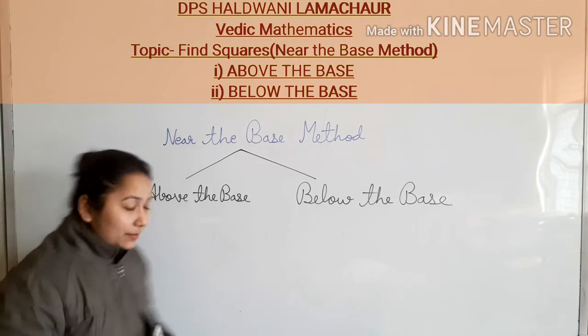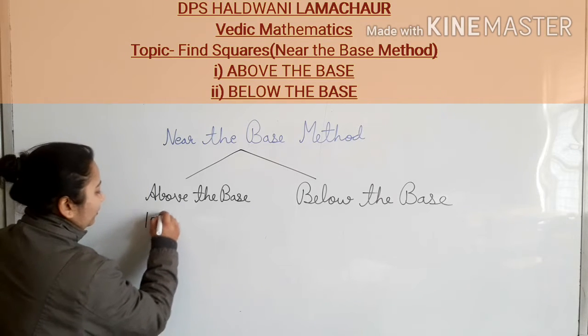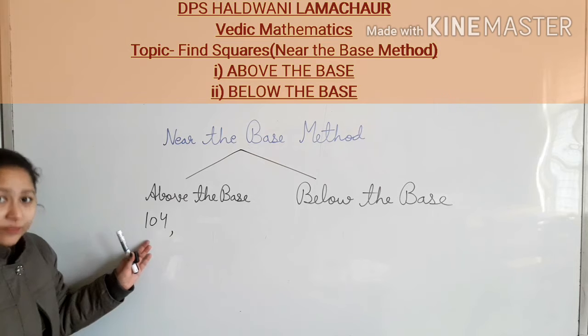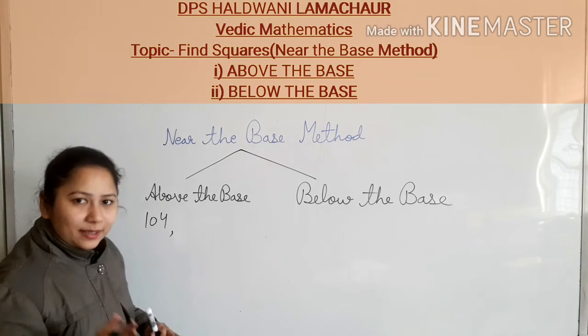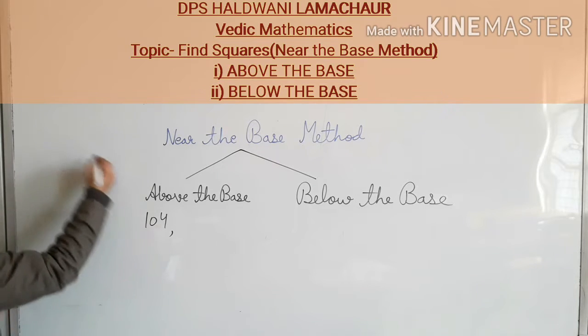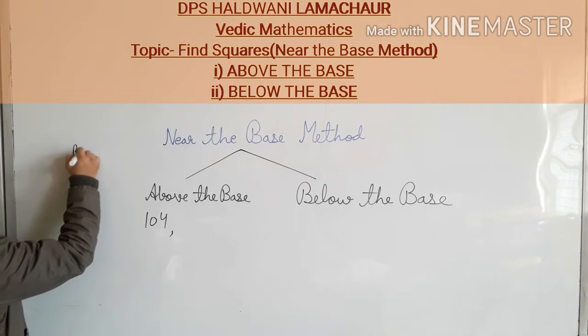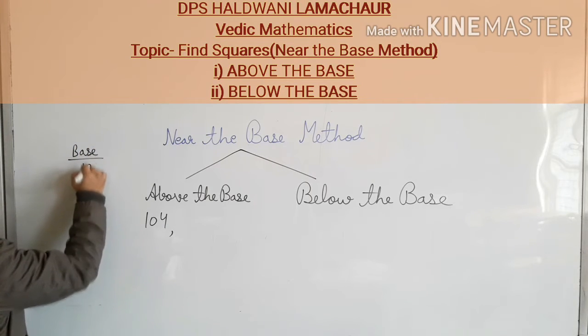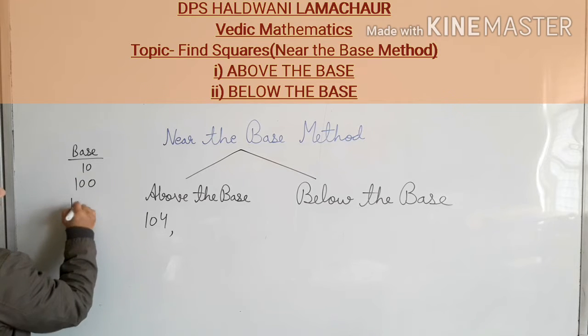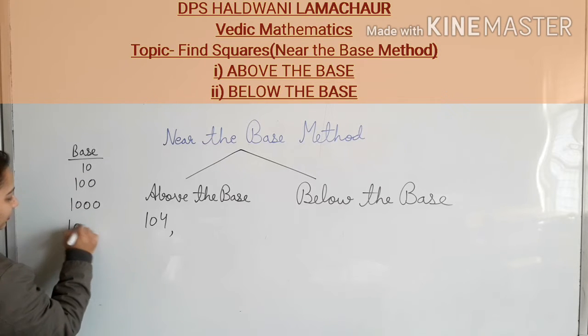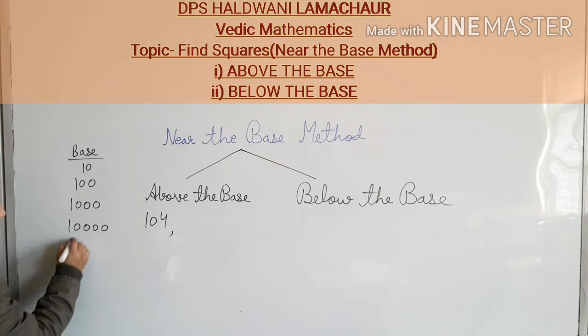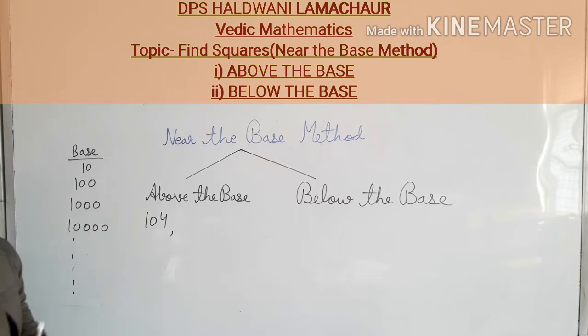Now, above the base numbers can be 104, meaning it is above 100, as 100 is the base. As you can see, the base numbers are 10, 100, 1000, 10,000 and more. So these are your base numbers.